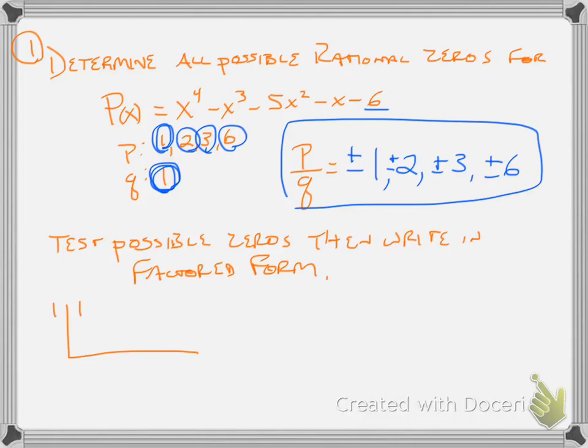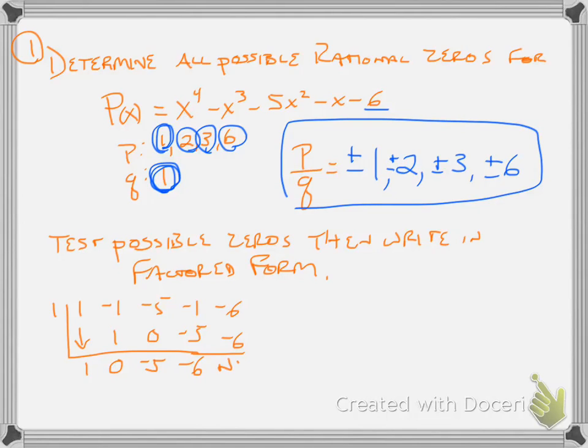None of my coefficients are missing: 1, -1, -5, -1, -6. So bring the 1 down, multiply with 1, that becomes 0. 0 times 1 is 0. Add, that's -5. Multiply with 1, -5, -6, multiplied with positive 1 is -6.